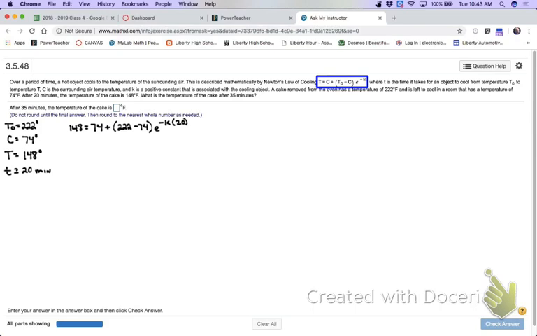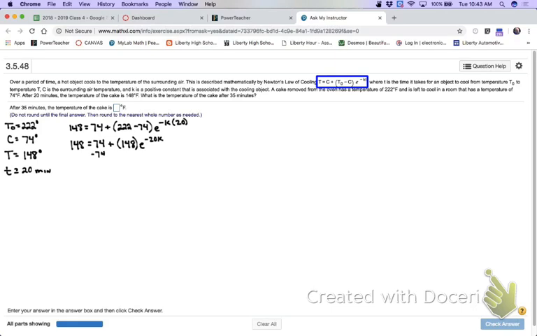We're going to solve from there, so I'm going to condense. I'm going to have 148 equals 74 plus 148 times e to the negative 20k.